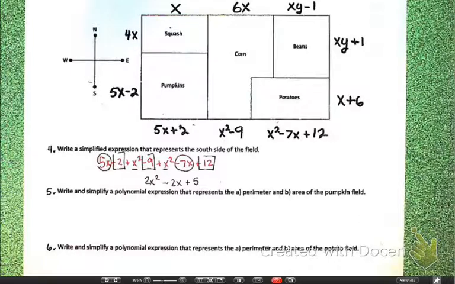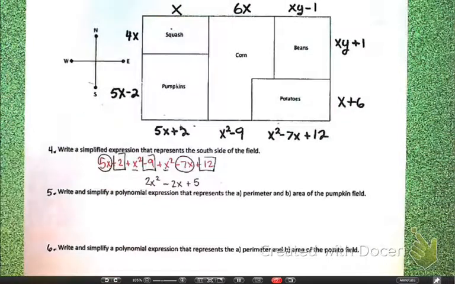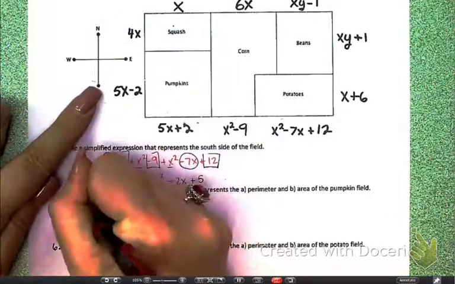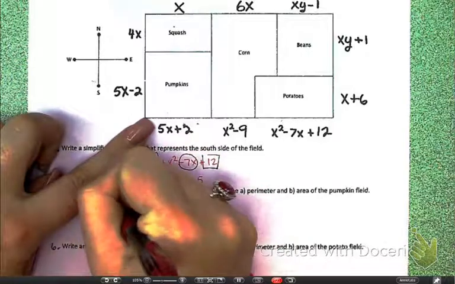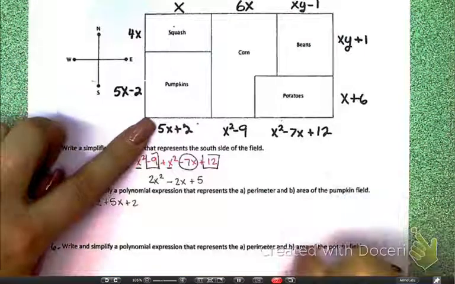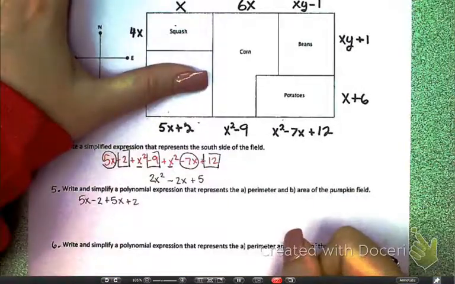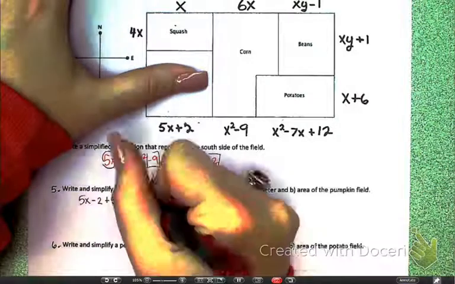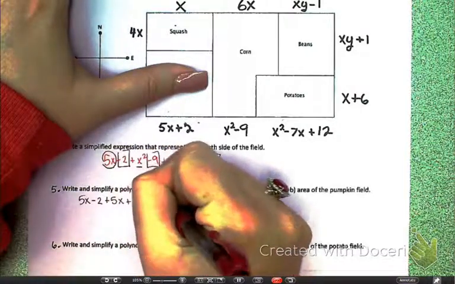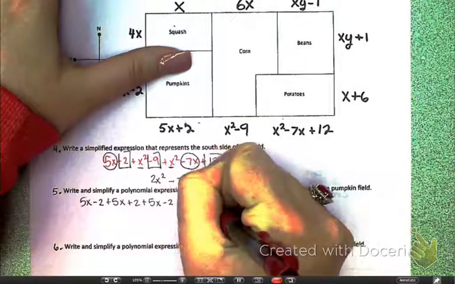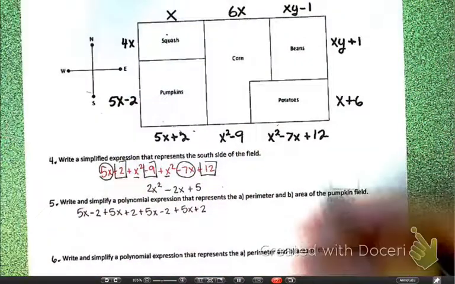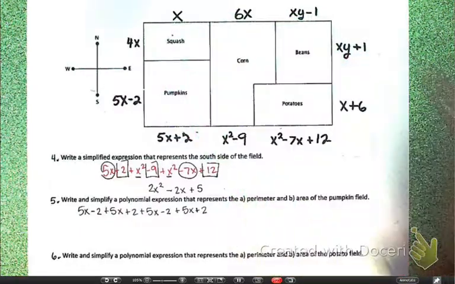So if I want the perimeter of the pumpkin field, I'm going to add up all four sides. So let's start here with 5x minus 2, and then I'm going to add to it 5x plus 2, and then I'm going to add what? 5x plus 2, 5x. Another 5x minus 2, and another 5x plus 2. Because if it's a square or a rectangle, the opposite sides are going to be the same.